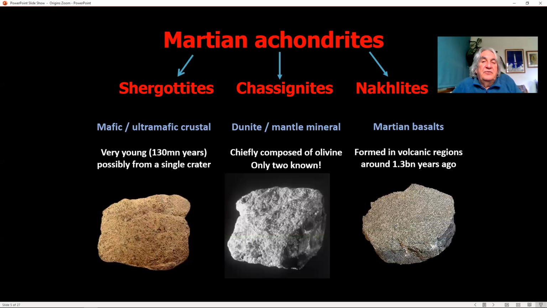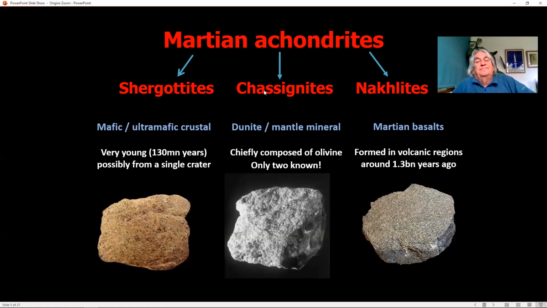The situation's slightly different with Martian meteorites. Again, there are recent additions to this, but traditionally they were called SNC meteorites, after Shergottites, Nakhlites, and Chassignites. The scarcest of these are probably Chassignites.